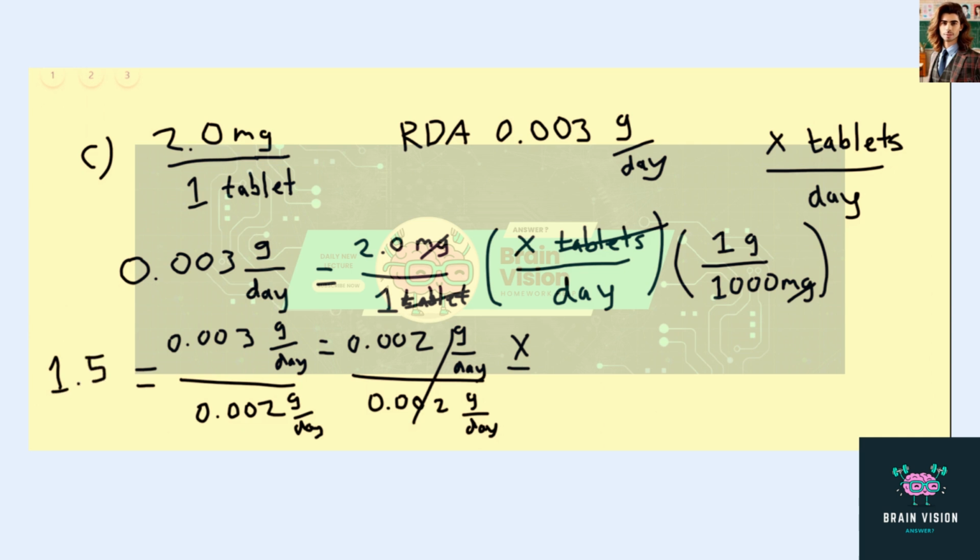Remember, x was the number of tablets per day, so in order to get 0.003 grams per day of our vitamin, we need to have 1.5 tablets per day.